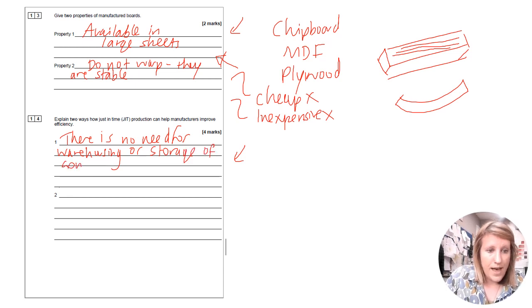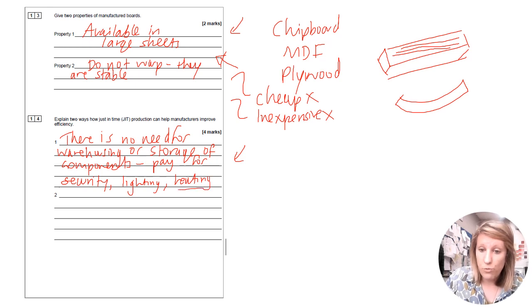And what's good about that is that in terms of cost, that's going to be reduced because you don't need to pay for, you know, security, lighting, heating. So that's going to make the whole process more efficient.